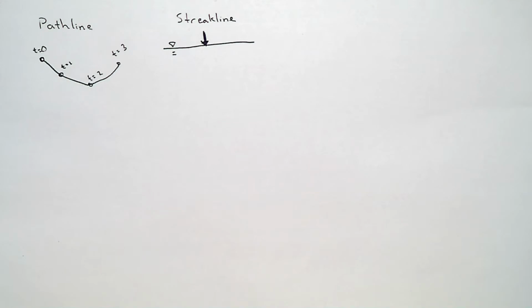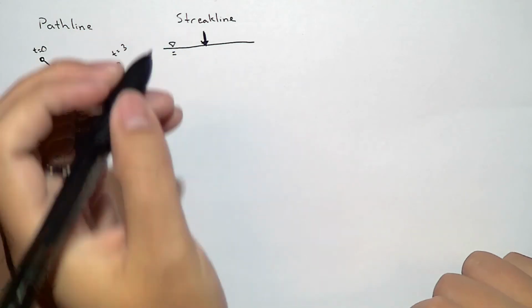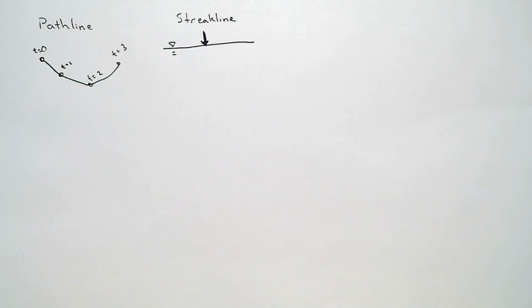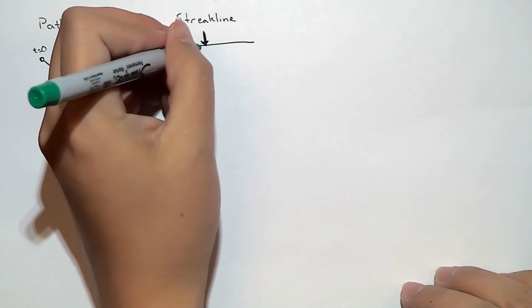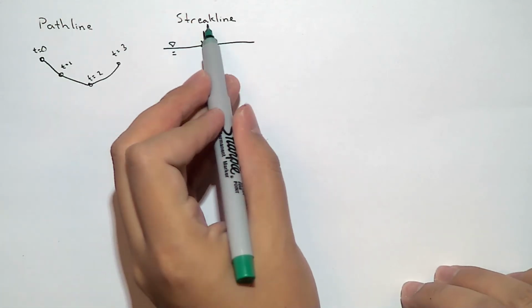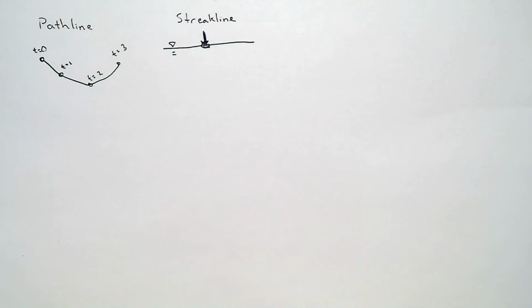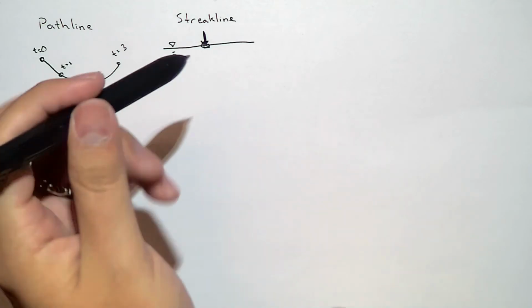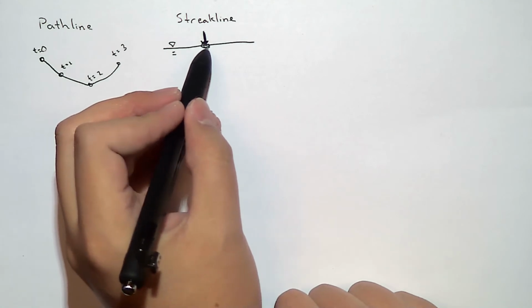So in order to make this easy, if I want my streak line to describe all the particles that passed through this point where the food coloring met the water, then essentially at time 0, this is my streak line, simply the fluids passing through the point.